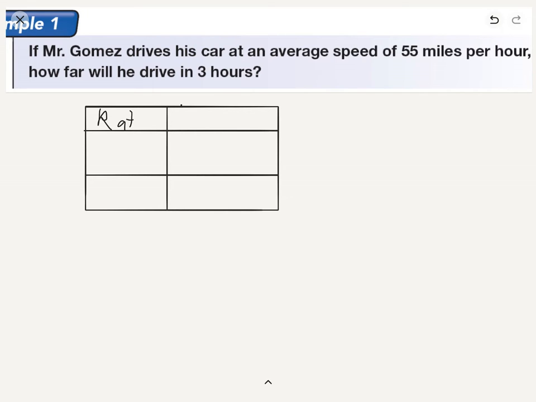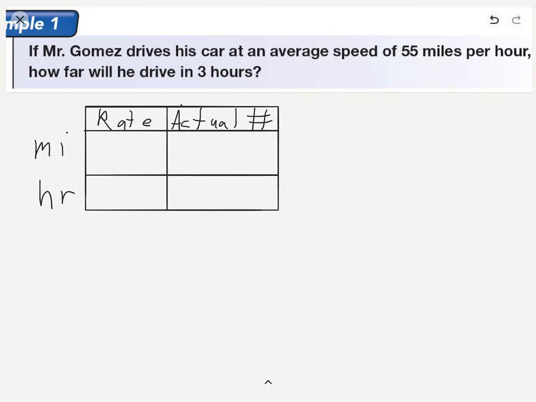One column will be for your rate, the other column for the actual number. I'm gonna do a number sign with the space I've got, and then moving forward, I'm just gonna say AN, actual number, right? And so the things that we're talking about here are distance, so miles, and time, which are hours.